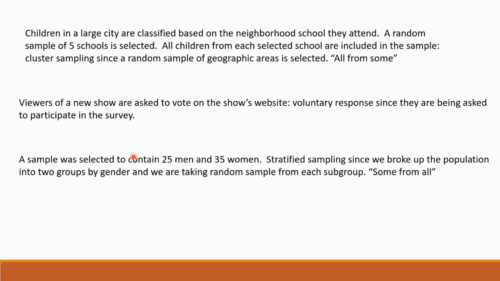Here, you're choosing a sample to select 25 men and 35 women, but notice they're breaking up the population into two groups, men and women. And they're taking some from each, so that's why we have stratified sampling. It's not like here with the children where they're choosing at random certain schools, but then selecting, I guess, every child in the school.